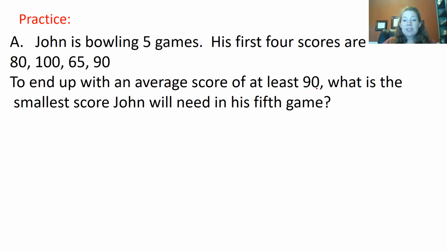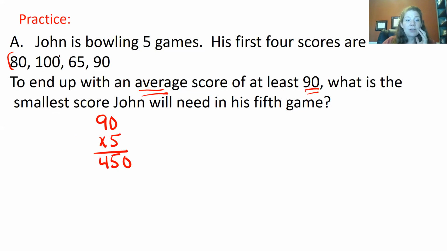So John wants an average of 90 points for his bowling score. He's going to have a total of 5 games at the end. So we're going to multiply the average he wants by how many total scores he'll have. So he'll need 450 points to achieve the average of 90 in 5 games.